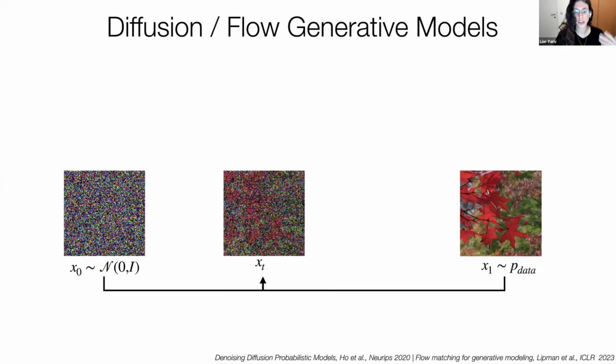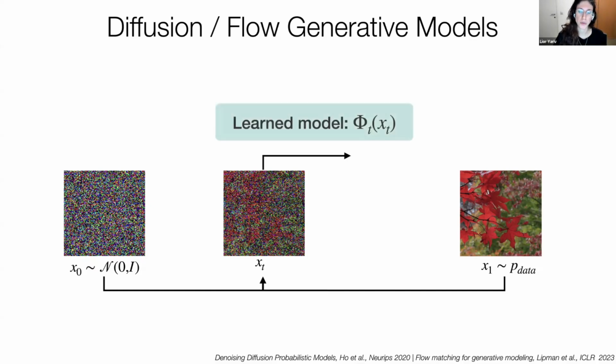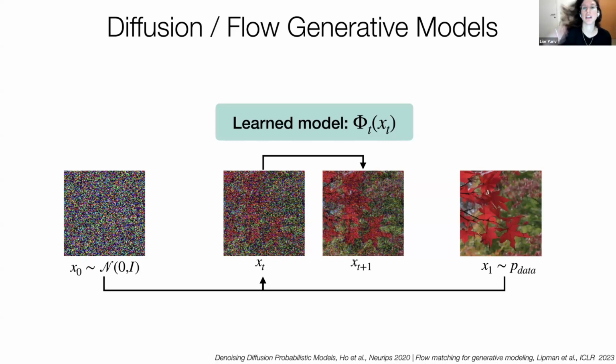The path changes whether you use diffusion or flow, but we won't get into these details right now. We just want to understand the high-level concept. So we have x3, which is the intermediate step. And the learned model, theta t, wants to predict the next step towards the noise version of this image, meaning towards x1. We train this theta t according to different source distribution samples and target distribution samples, like data samples, and across different times.